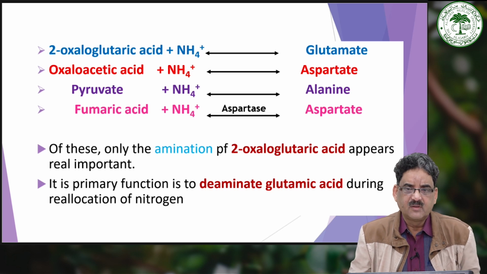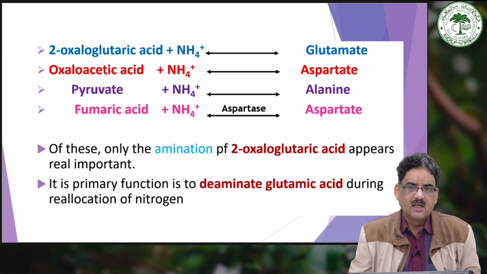Keto acids such as pyruvate can undergo amination to form amino acids like alanine. Organic acids including oxaloacetic acid can undergo amination to form aspartate, as well as the transformation of fumaric acid and ammonium ion into aspartate.